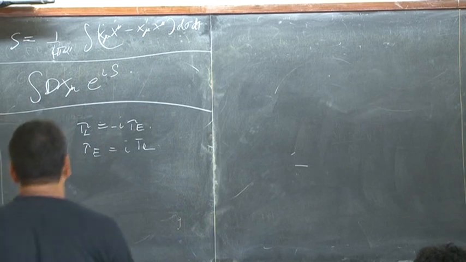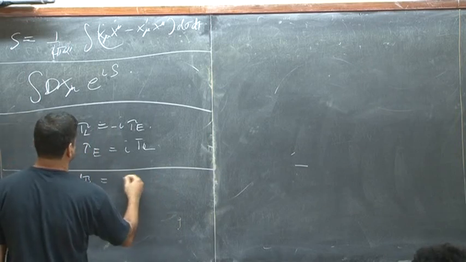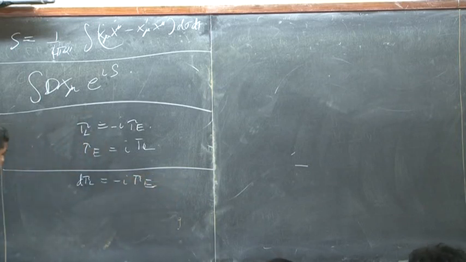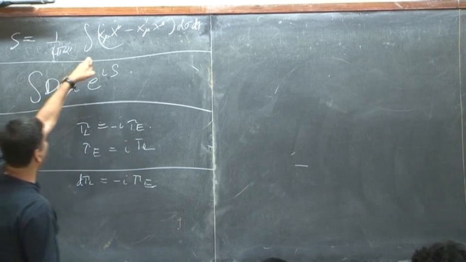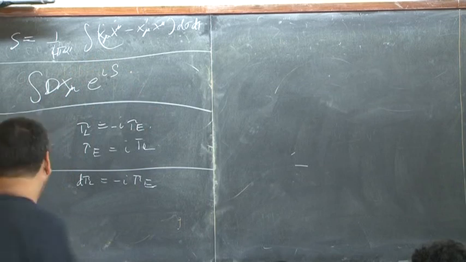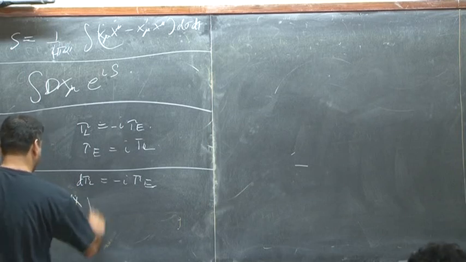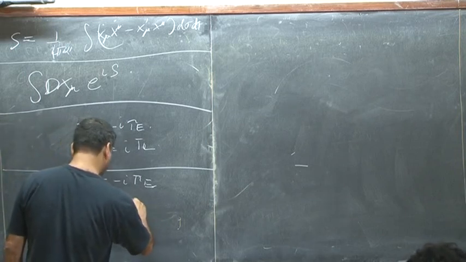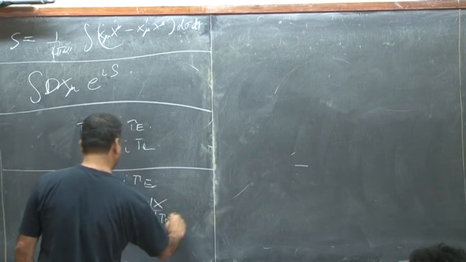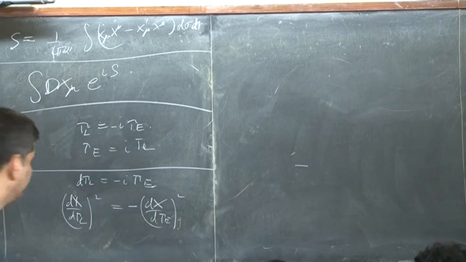So what do we do there? Well, firstly d tau Lorentzian is equal to minus i d tau Euclidean. And x dot squared, which was dx by d tau Lorentzian, the whole thing squared, is equal to minus dx by d tau Euclidean, the whole thing squared, just because i squared is equal to minus 1.